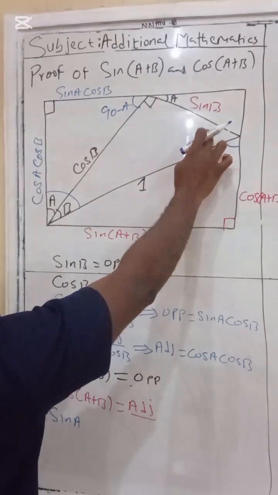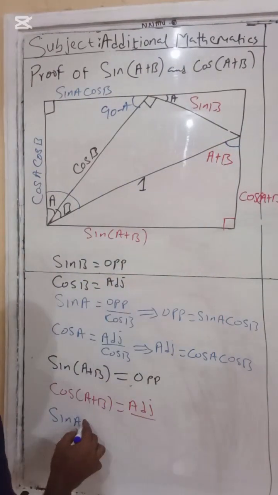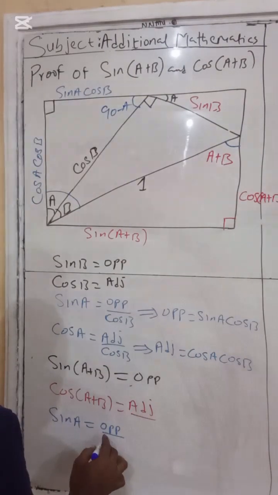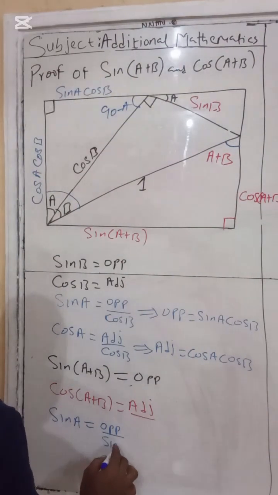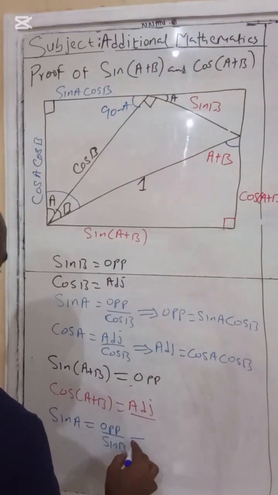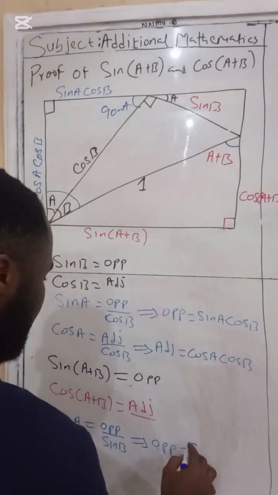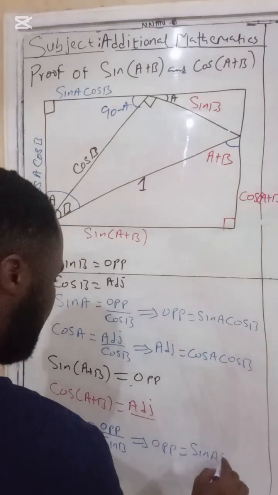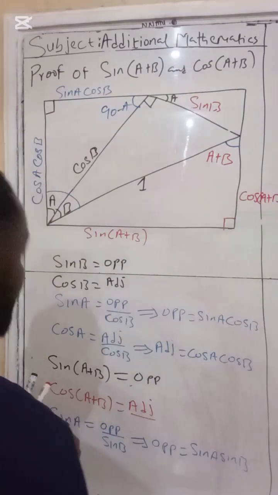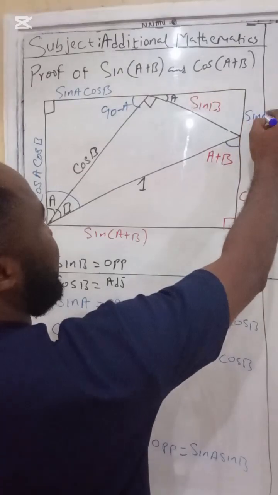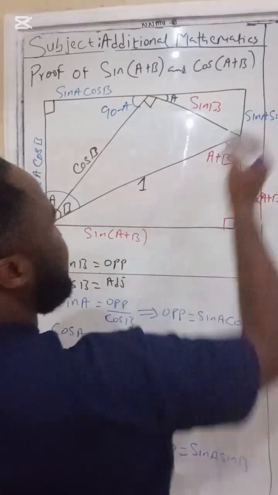Hypotenuse is sine B. So when you make opposite the subject of the formula, we're going to have sine A sine B. So that means here is sine A sine B.